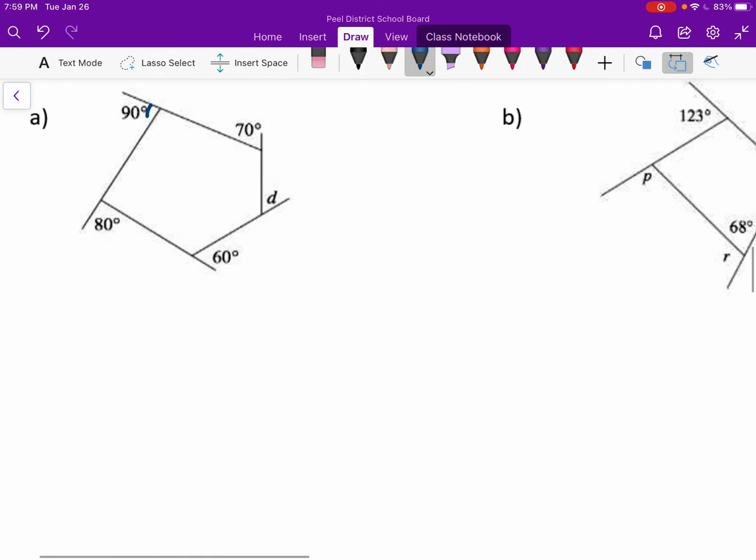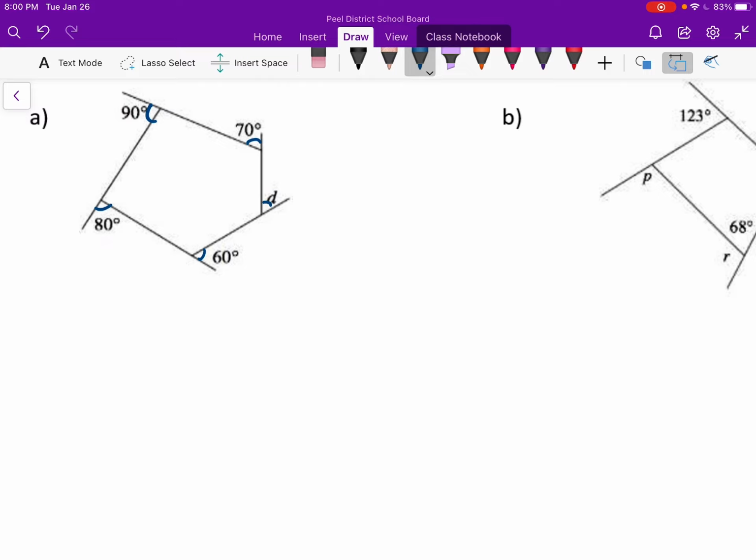So these are our exterior angles. They're all on the outside. And if you watched that video, what they basically do is they rotate this in, and you'll see that it makes a circle, which is why it makes sense that they're all equal to 360, because a circle is equal to 360 degrees.